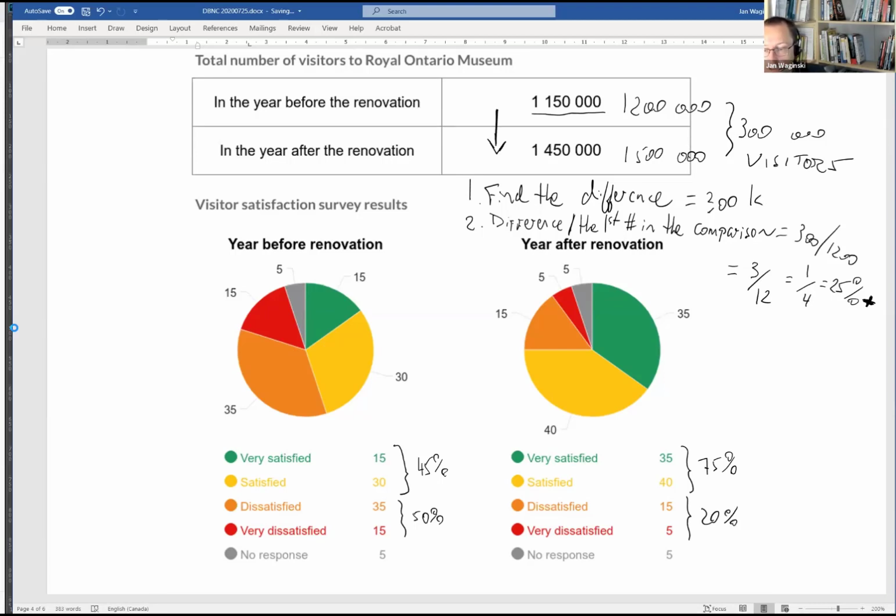Yeah. And Dina made that comparison. Let's do that again. So if you compare 45% to 75%, and if you subtract those, then what do you get?